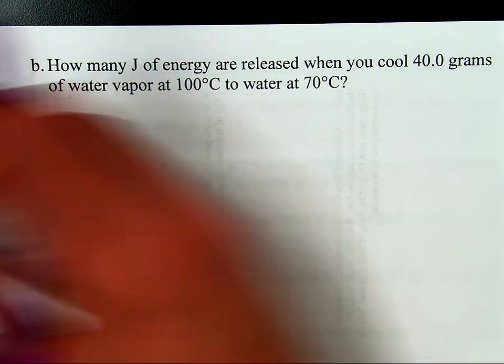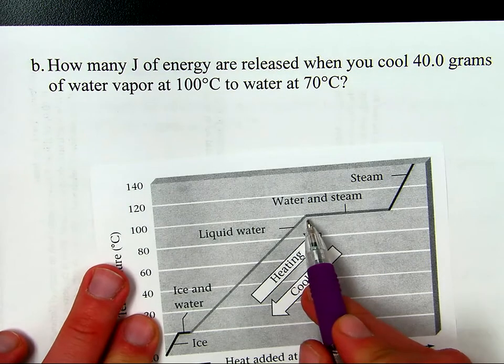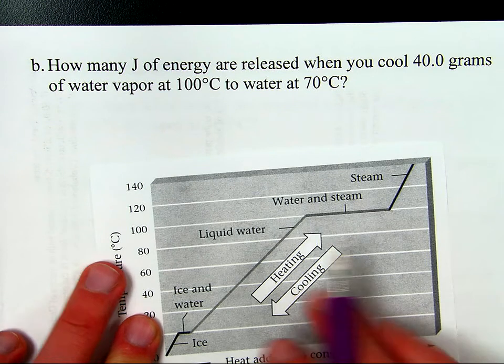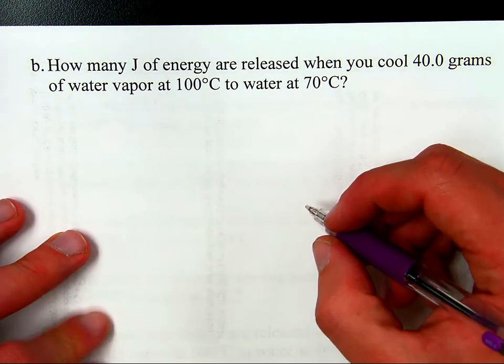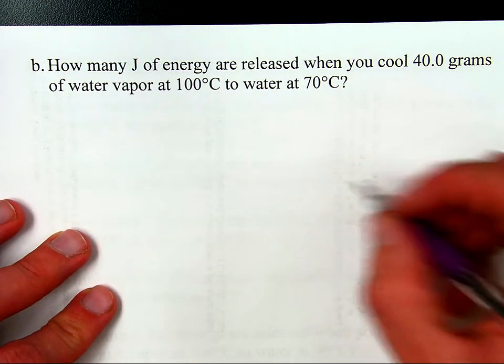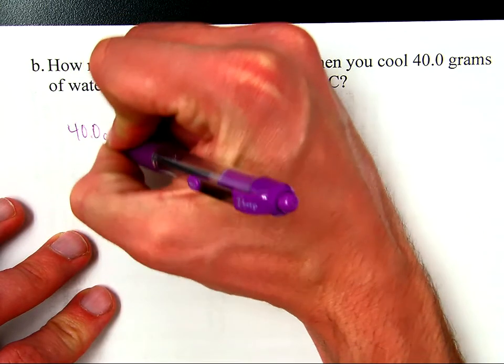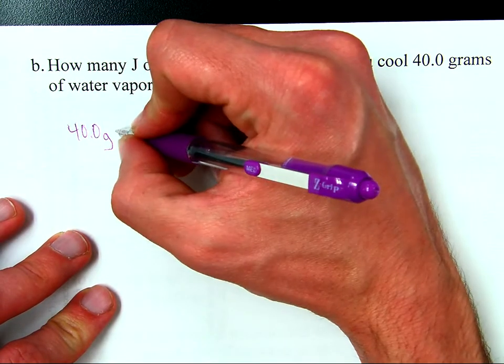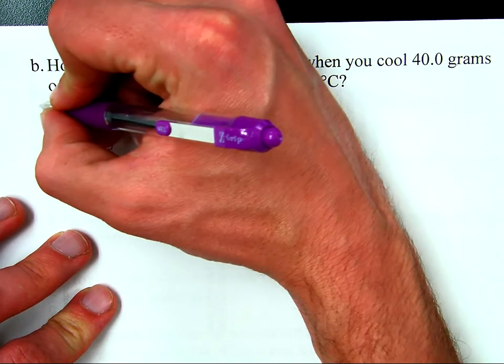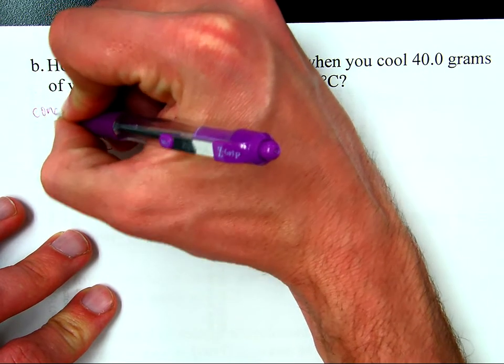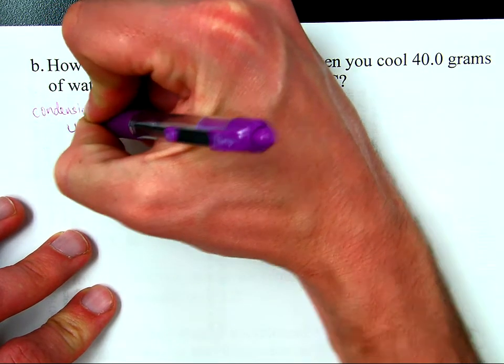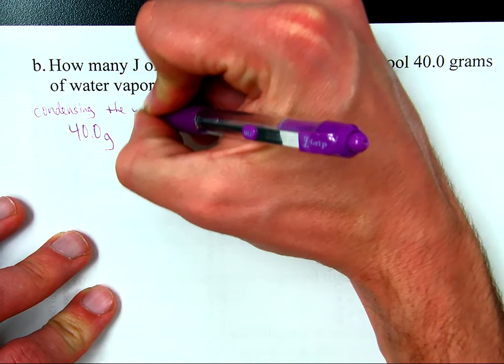Calculation number 1 will be condensing it from vapor back down to water. So there's no temperature change, so I'm going to take the 40.0 grams of water vapor, condensing the vapor.